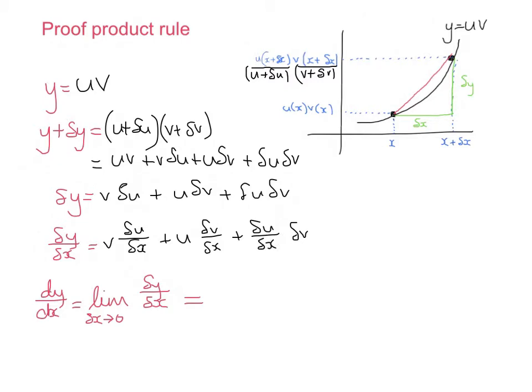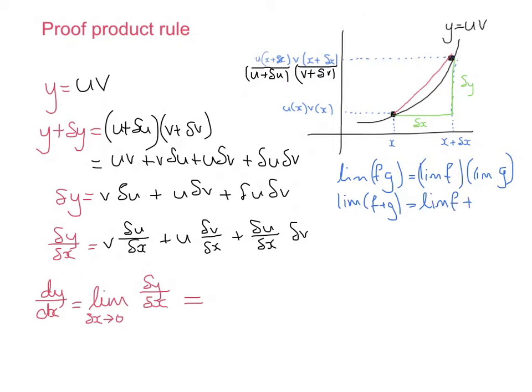Now, I'm going to take the limit as delta x goes to naught, and I'll just remind you of the rules that I have assumed I can use. The limit of two functions times together is the limit of the first one times the limit of the second one. The limit of two things added up is the limit of the first one plus the limit of the second one.